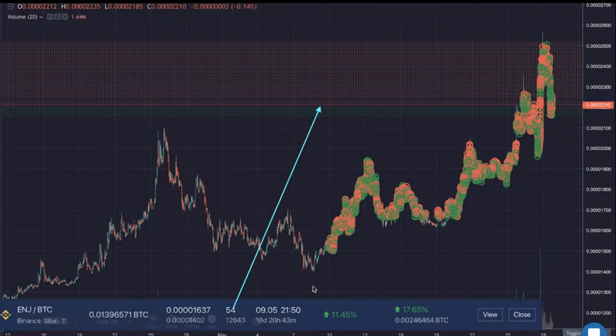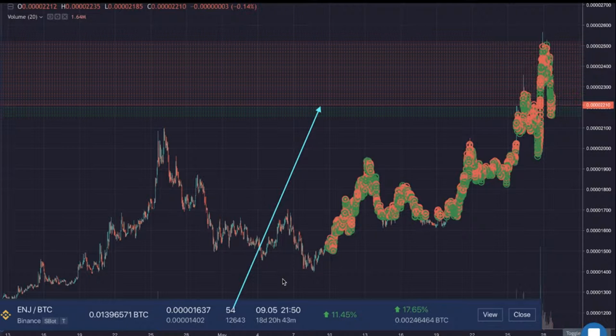As you can see, starting from the 9th of May, the price has significantly appreciated, and it looks like 54 grid levels is a pretty much optimal setup for this particular cryptocurrency, NG trading to BTC.